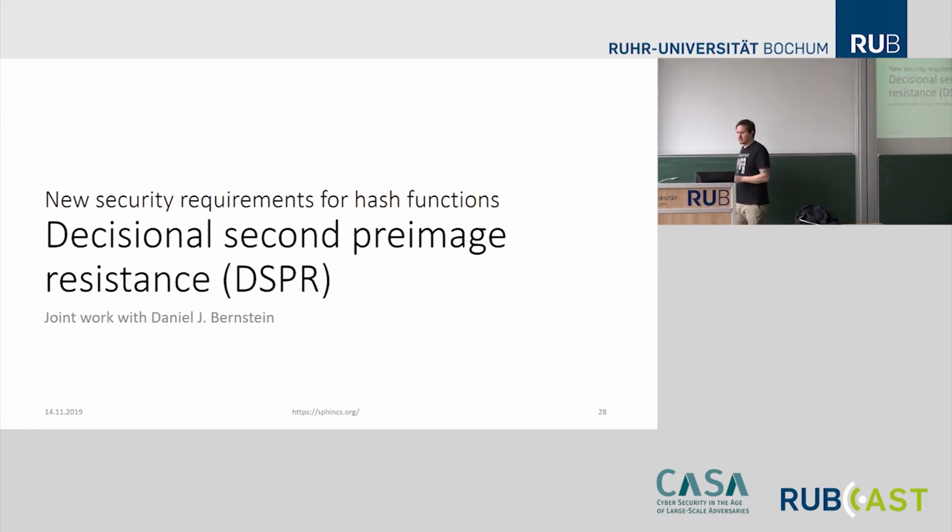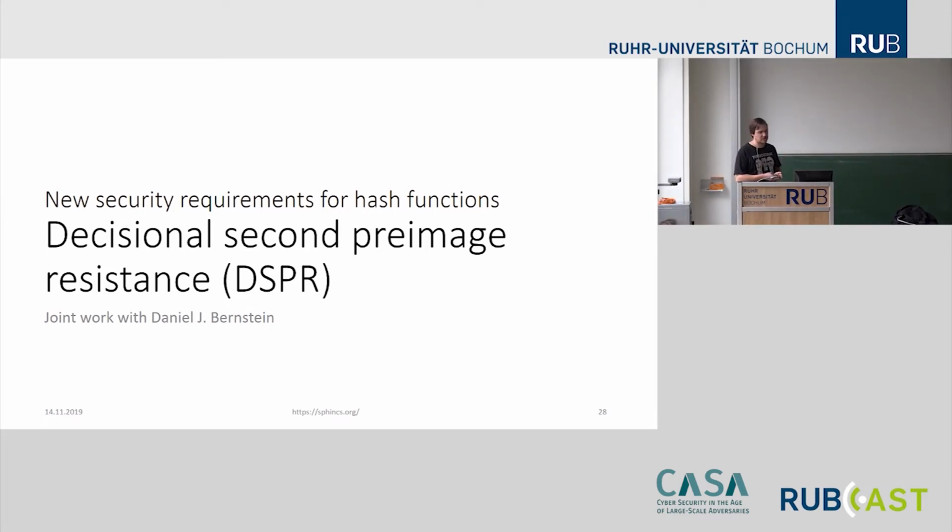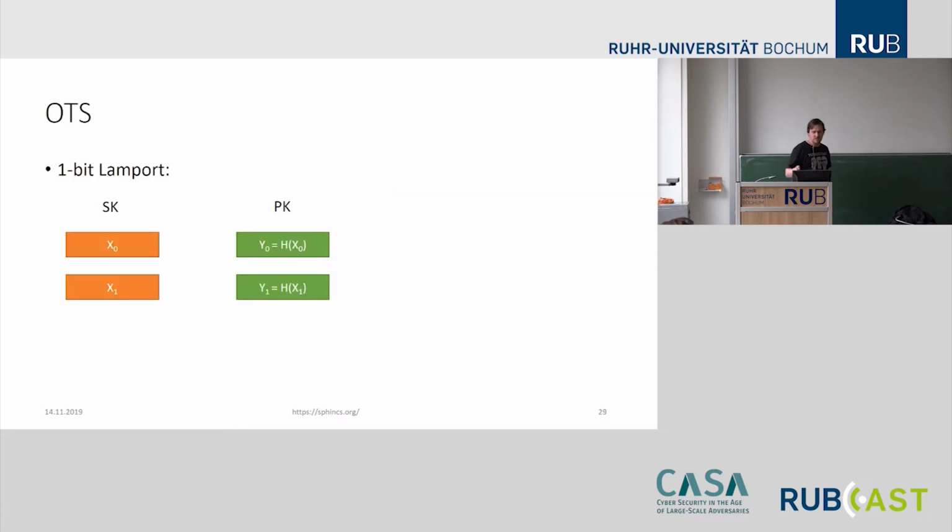And this was something that we recently worked on, which led to a new security property or requirement for hash functions, which we call decisional second-preimage resistance. And to briefly explain what happened there is the following.